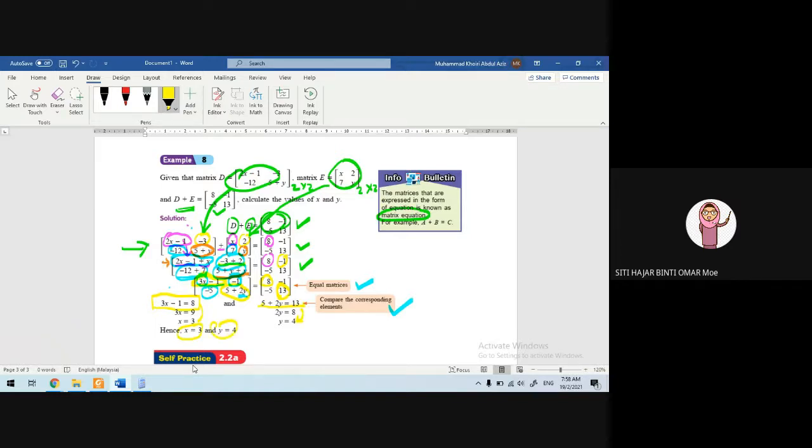Okay, this is how to answer when the question substitutes unknowns in your matrix. Write down the question, substitute the matrices, and then you solve the matrices. Kalau dia minta tambah, tambahlah. Kalau dia minta tolak, tolak. Okay. And then you write down the equal matrices and then compare the corresponding elements.